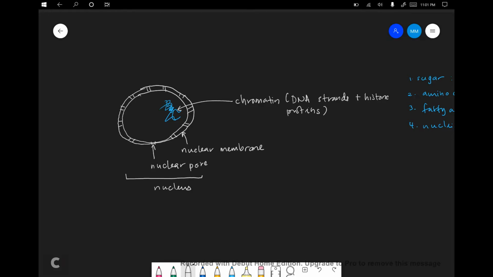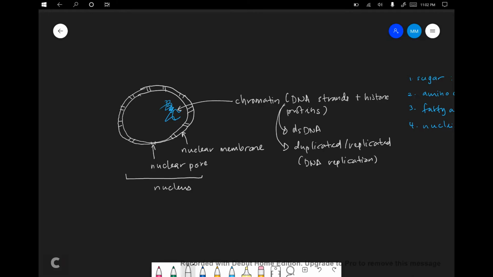Alright, so our DNA here. So we want to talk about our DNA, right? This DNA present as double-stranded DNA, and there are two processes, okay, that can happen to our DNA. The first one, the DNA can be duplicated, or in other words, we say that the DNA can be replicated through a process that we call as DNA replication.